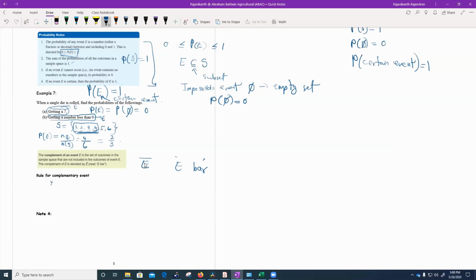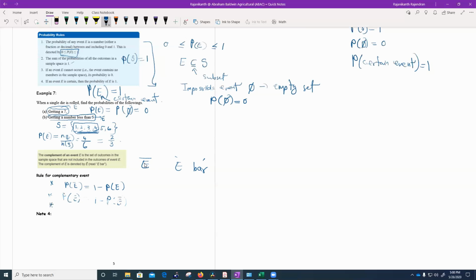The probability of the complement of any event E, that is P of E bar, is given by 1 minus P of E. Or if you want to find the probability of any event E, you simply subtract the probability of E bar from 1.